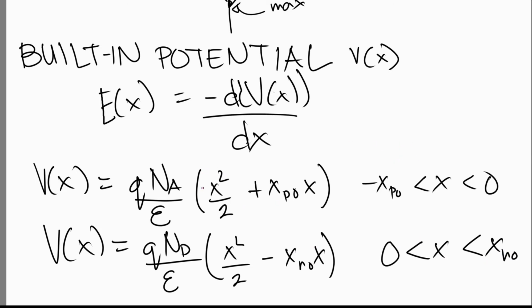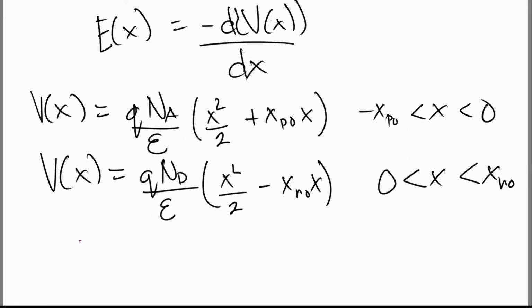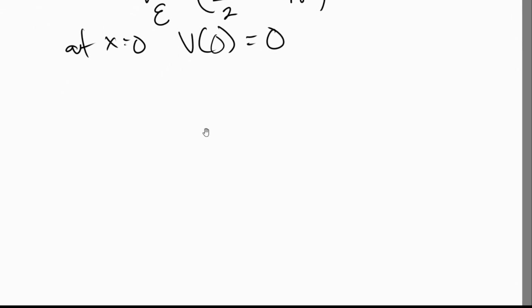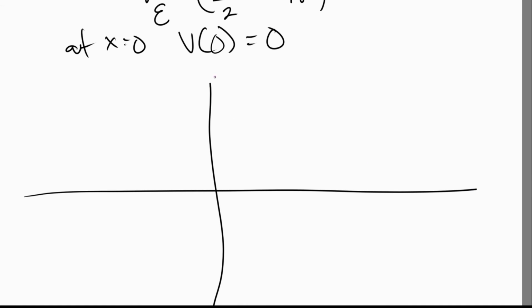By letting the potential at x equals 0 be equal to 0, we would get this graph. We have potential here and x here. At x equals 0, potential is equal to 0. At the extents, or outside the space charge region, we can assume that the potential is constant since there are no charges, or there is no change in the charges.